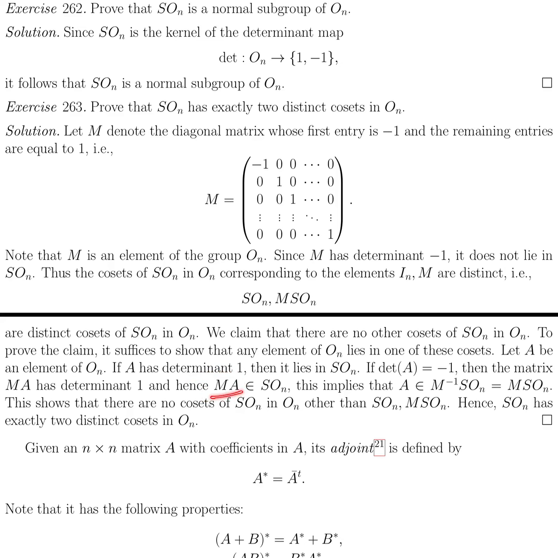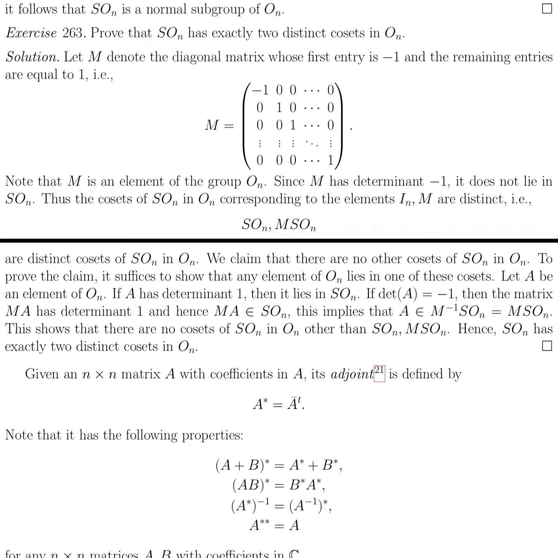So MA lies inside SOn, and it follows that A lies inside M inverse SOn, and M inverse is equal to M. So A lies either inside SOn or inside M times SOn. So these two are precisely all the distinct cosets of SOn inside On, and this has exactly two distinct cosets. Great.